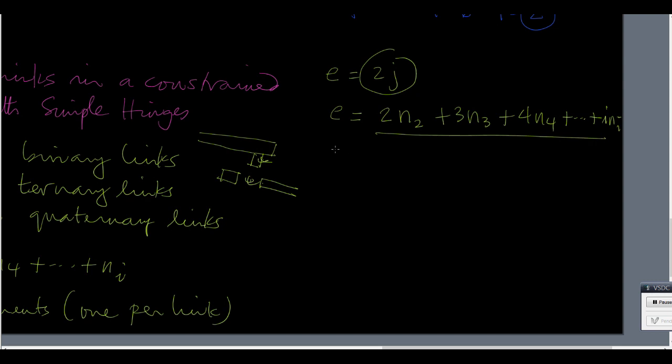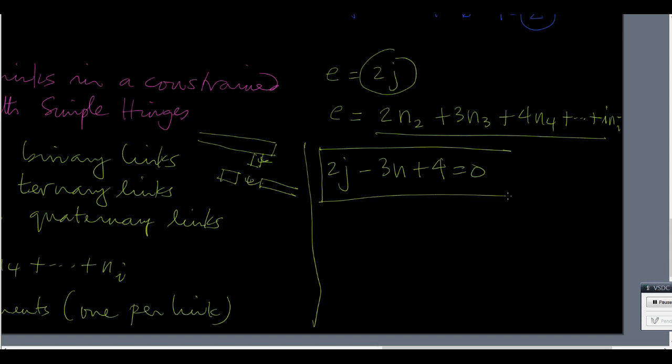So we have 2j minus 3n plus 4 equals 0 because we have a planar linkage and we have a single degree of freedom.